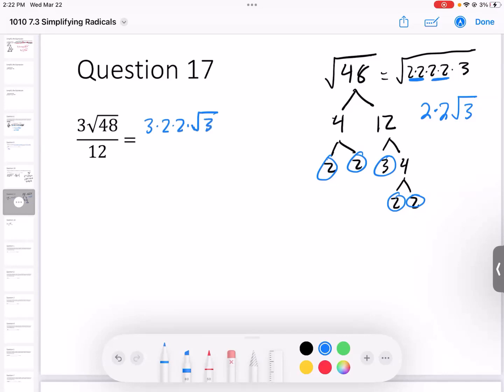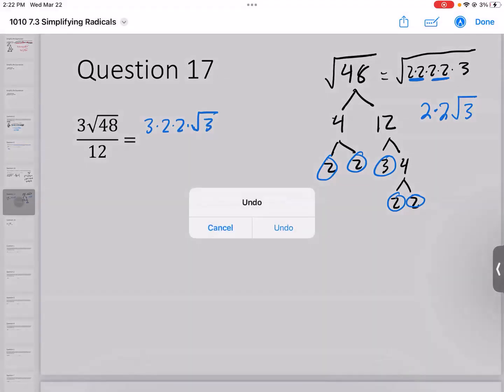So this 3 right here came from this 3. So I'm doing 3 times the square root of 48. So the 3 stayed there, but the square root of 48 became 2 times 2 times the square root of 3. And you could multiply all of those together. So if you do 3 times 2 times 2, that equals 12.